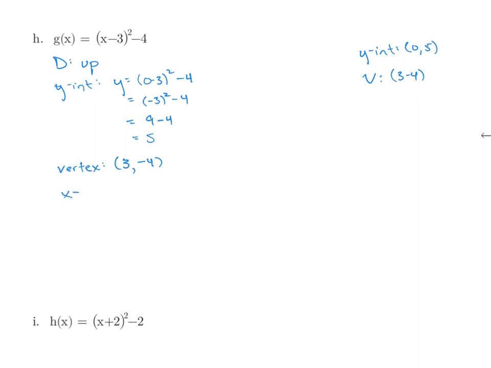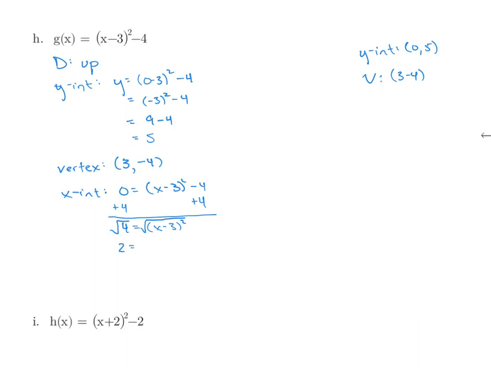Our x-intercepts, we're going to plug in 0 for y and solve for x. So I'm going to use my square root property. I want to add 4 to both sides. I'm going to take the square root.